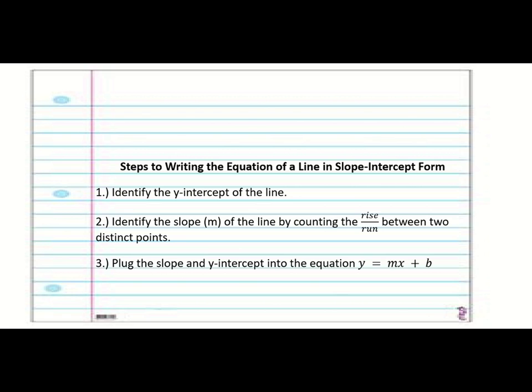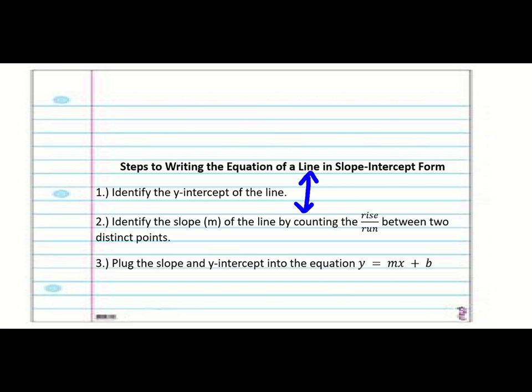When you write the equation of a line, there are certain steps that you want to follow to ensure you write the correct equation of a line in slope-intercept form. The first step is to identify the y-intercept of the line. The y-intercept is the location where it crosses the y-axis. So we're going to look on that vertical axis and see at what point the line is touching that axis.